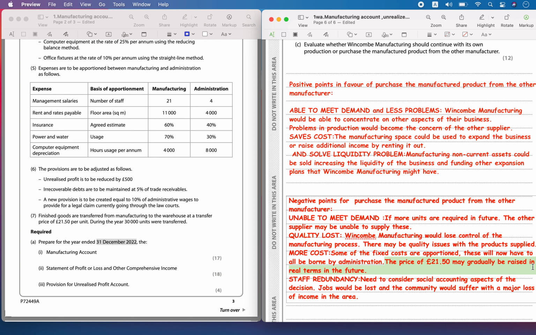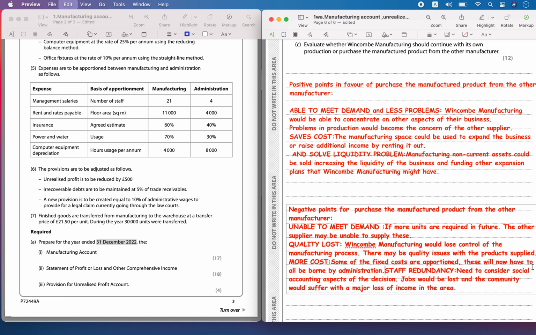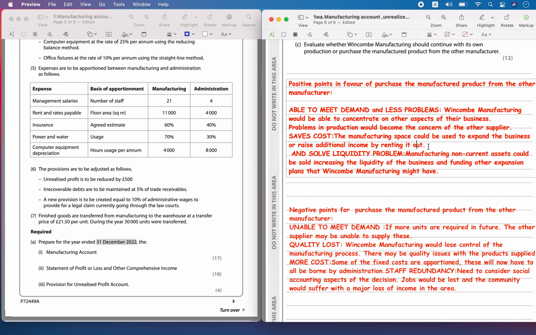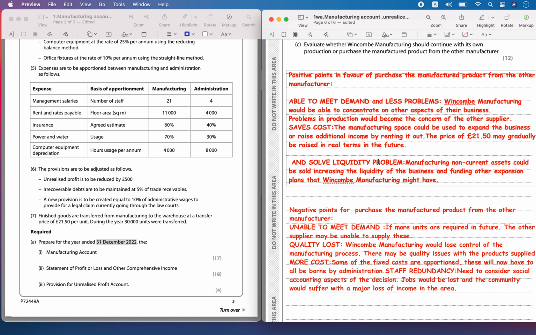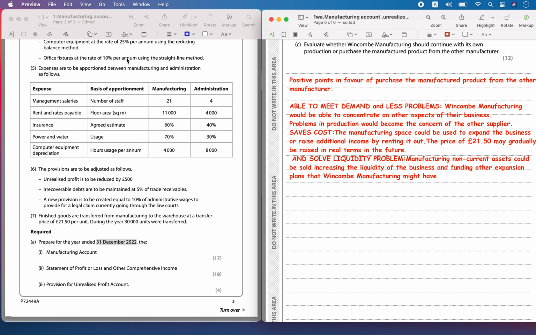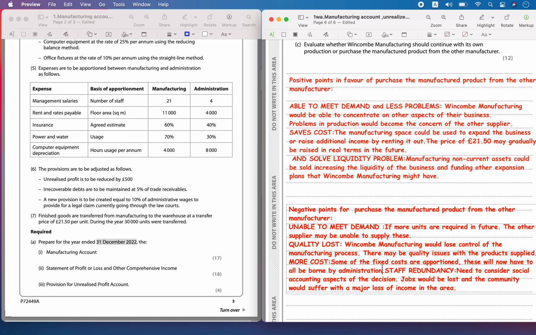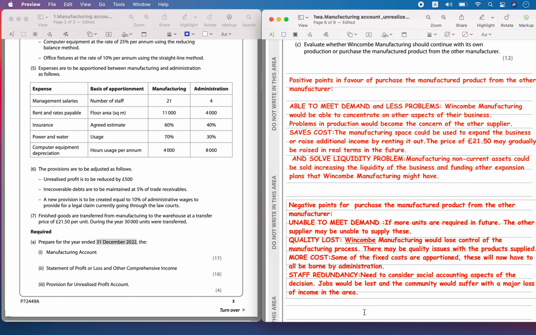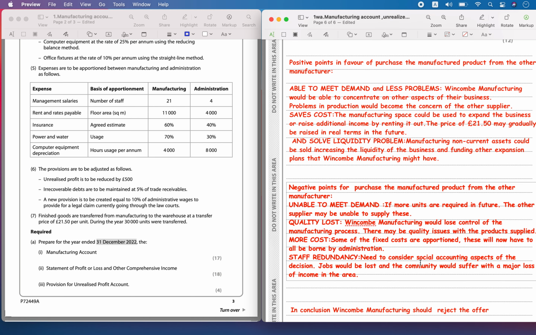The production cost can also increase, so I think you can put this as a positive point because it helps you to save the cost. And the next one is that you will have staff redundancy problems also.